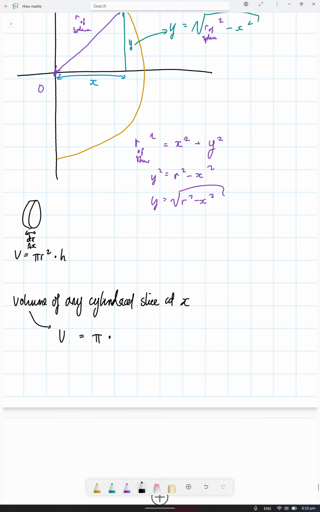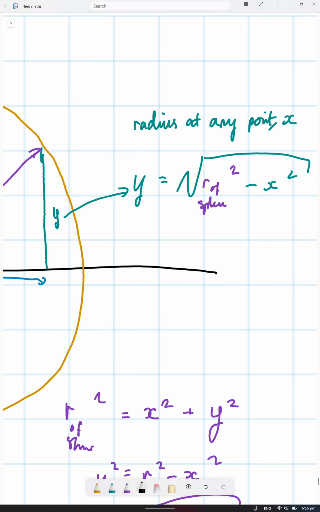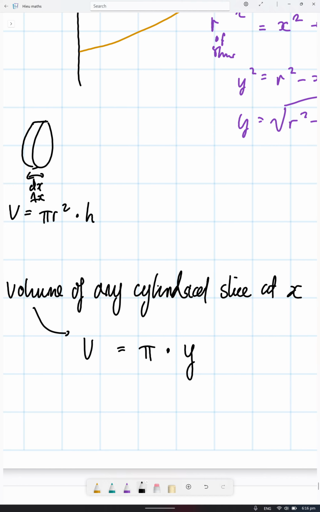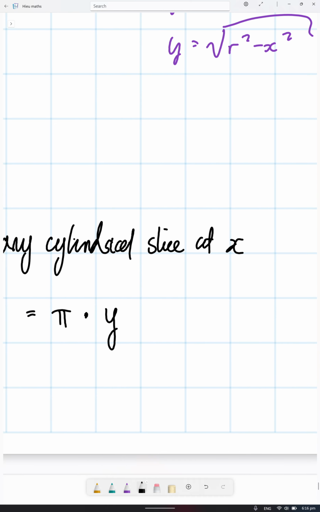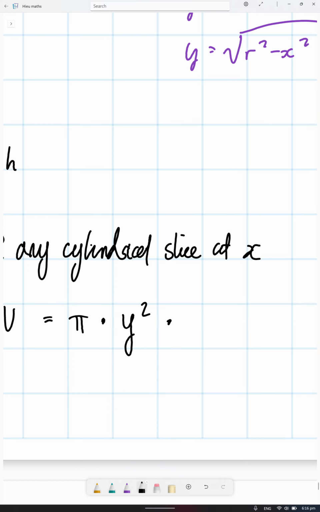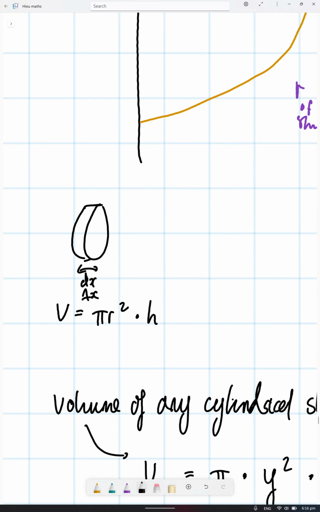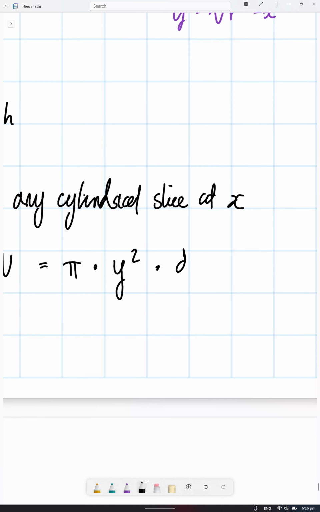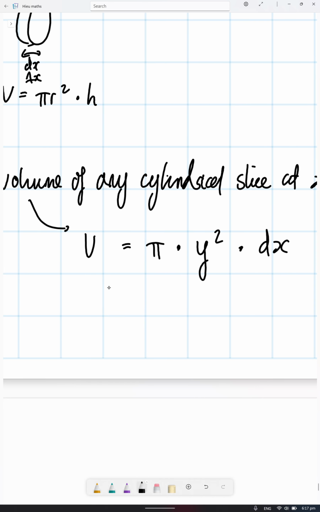So this is equal to y. Let's just say y first, because remember y is the radius at any point x. So pi multiplied by the radius squared multiplied by the height of the cylinder, which remember is delta x or dx.